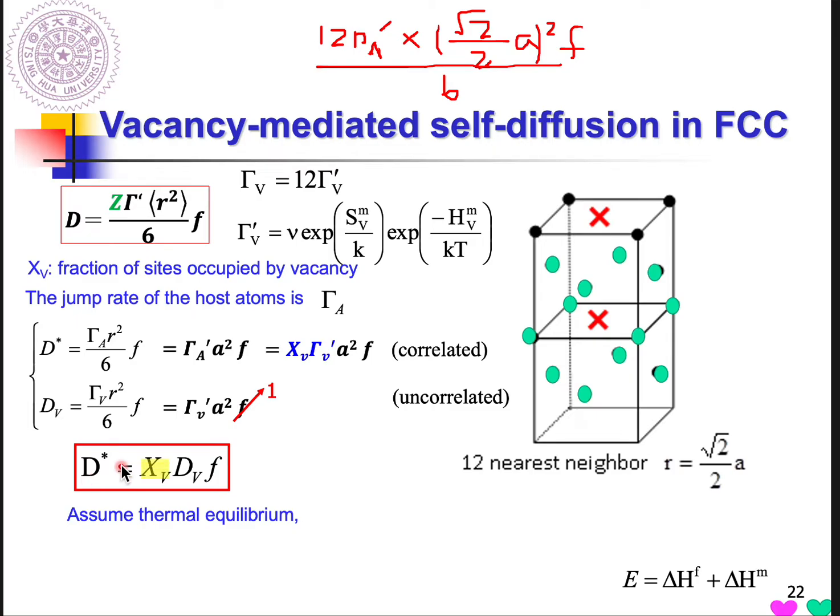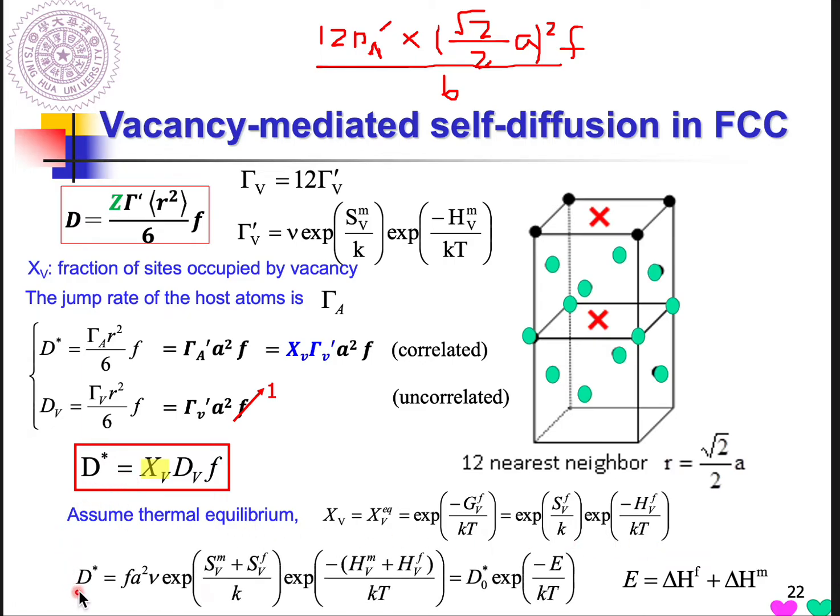We assume this is under thermal equilibrium, so XV can be expressed as the exponential of the vacancy formation energy divided by kT. Then you can separate it into a temperature independent term and a temperature dependent term. G equals H minus TS, so from H minus TS you get the entropy term here. This is the temperature independent term, and this is the temperature dependent term.